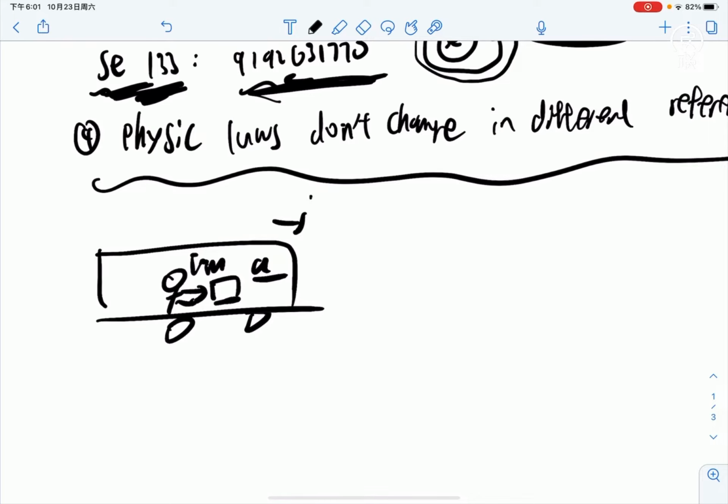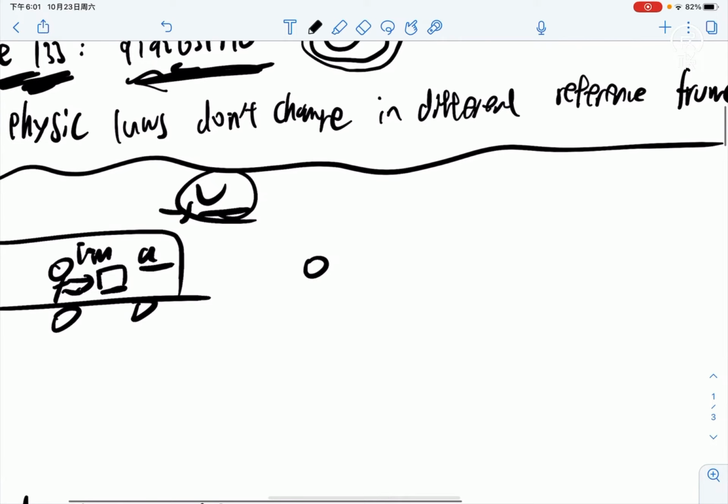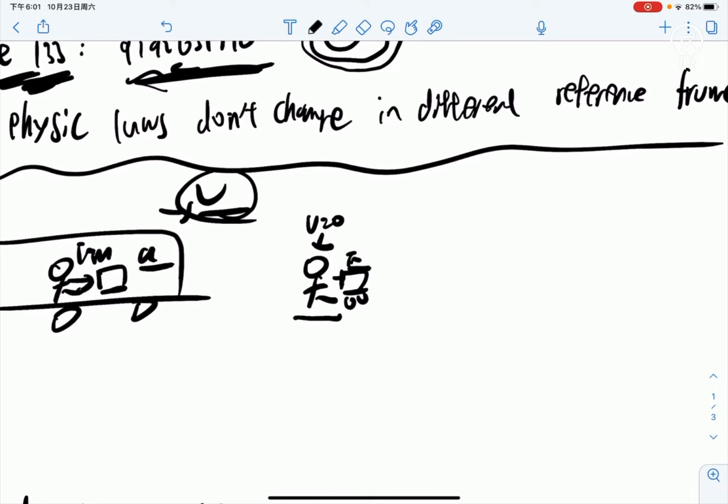If the car is moving at constant velocity and you are standing here with zero velocity relative to the ground and you push it with force F, it also accelerates at a rate of a.